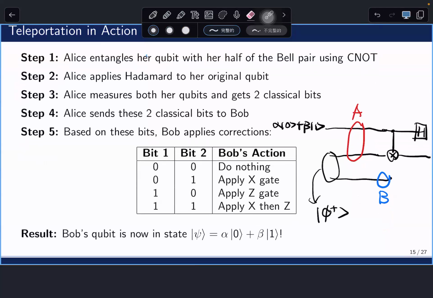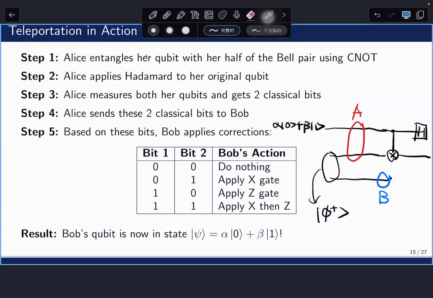Finally, depending on the measurement result, we'll append an X gate or Z gate. If the two bits are 0, 0, we don't activate the X and Z. Just think of it as some kind of control X and control Z. If both controls are 0, 0, neither control gate is activated.